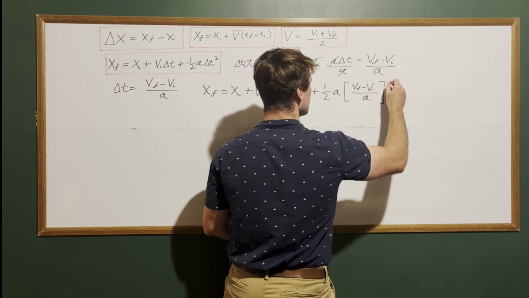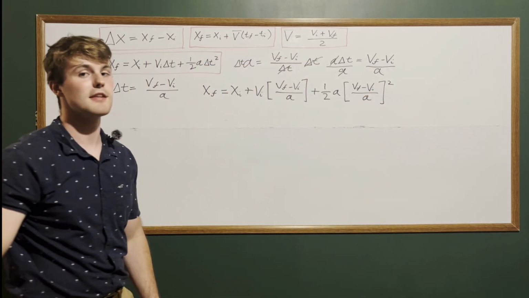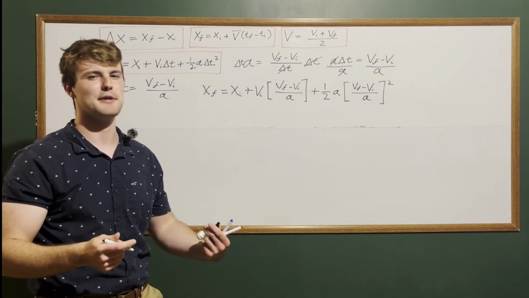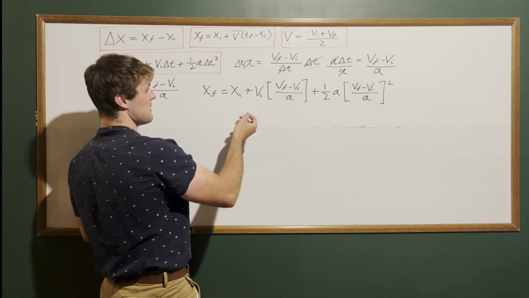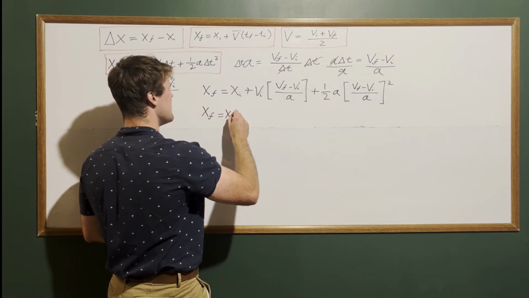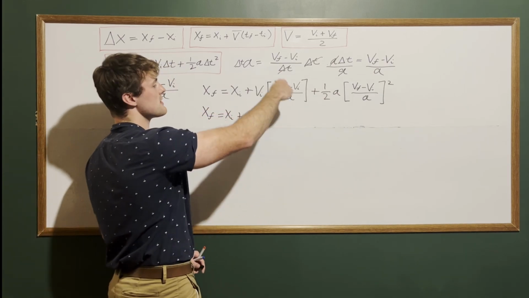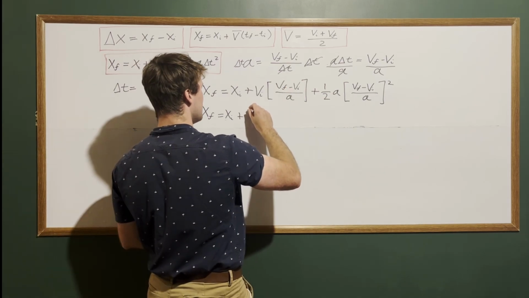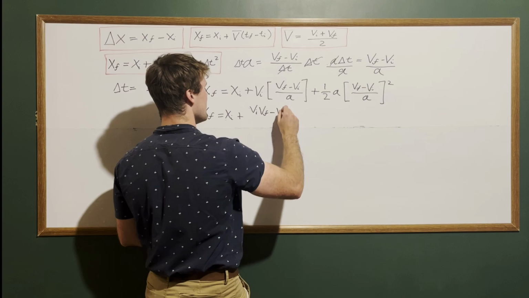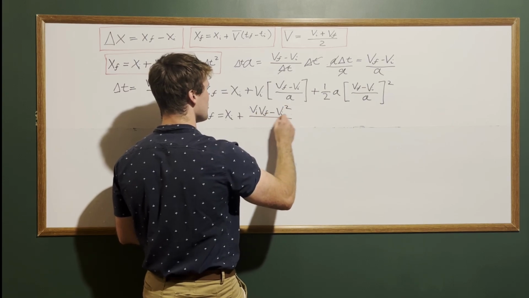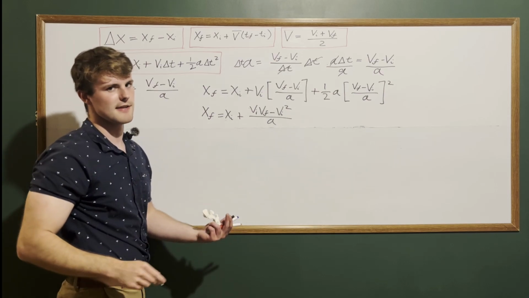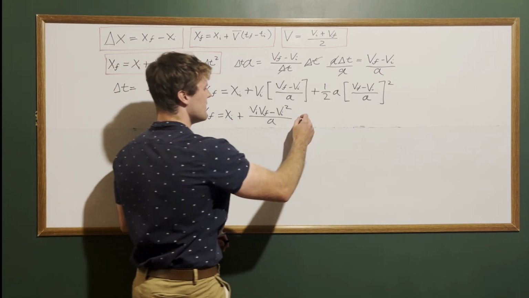Delta t squared becomes (vf minus vi) squared over a squared. Okay, this looks disgusting, but I promise you it's all going to collapse at the end. Math has a way of doing that sometimes. Let's rewrite this. xf equals xi plus, I'm just going to FOIL this initial velocity in, vi times (vf minus vi) over a. This just multiplies with the numerator of this. The denominator stays untouched, which is why it looks this way.